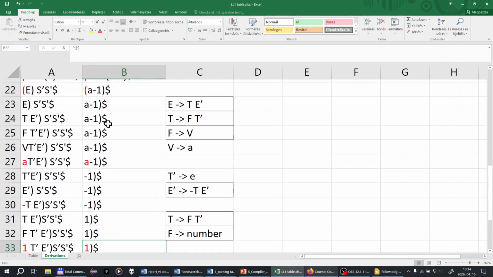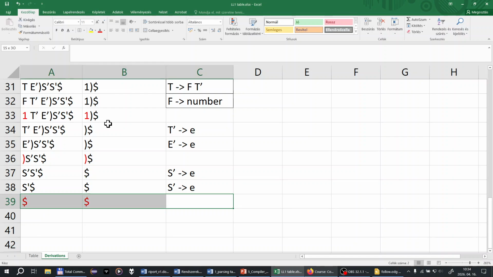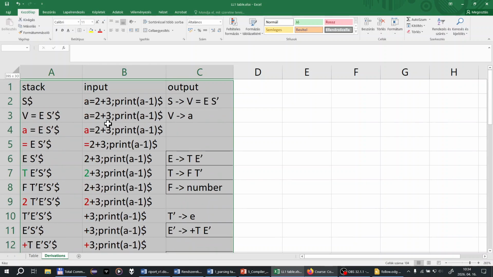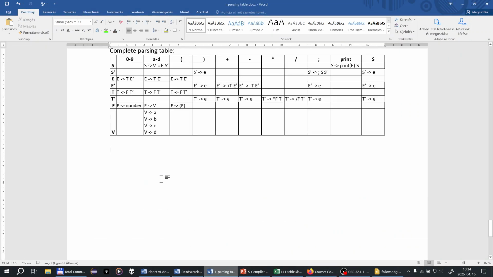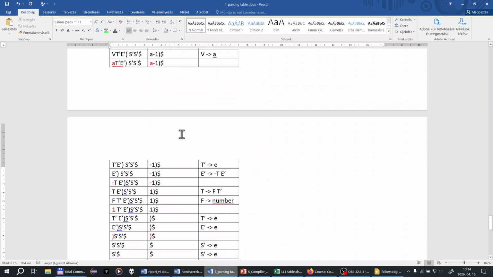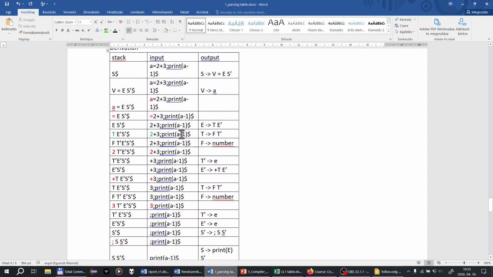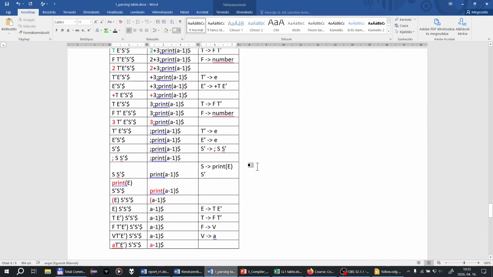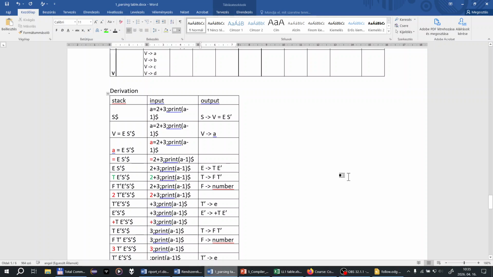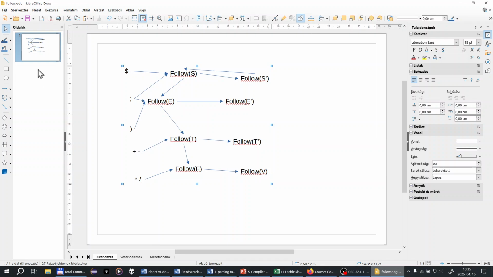So this is the derivation, and if we follow these steps, we can draw the parse tree. So let's see how a parse tree looks.